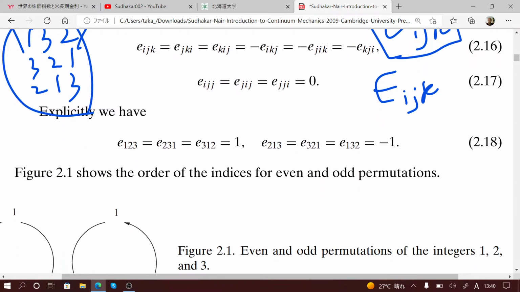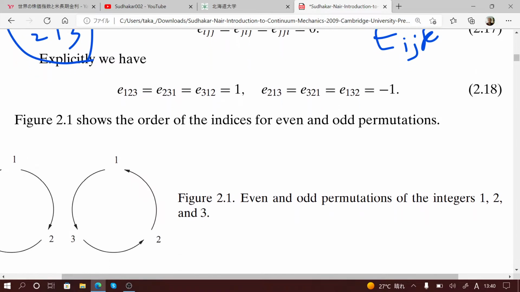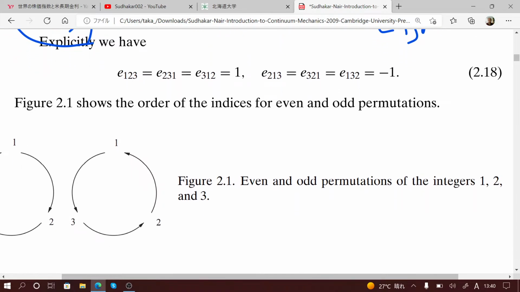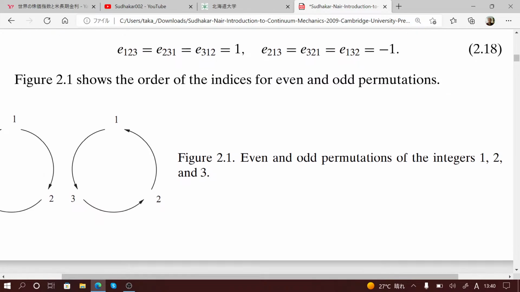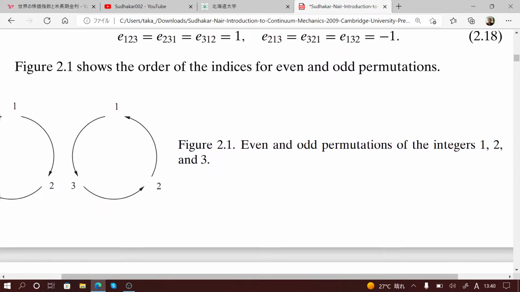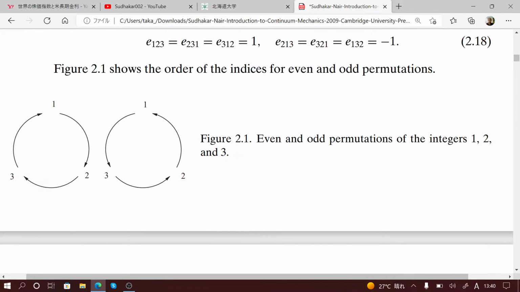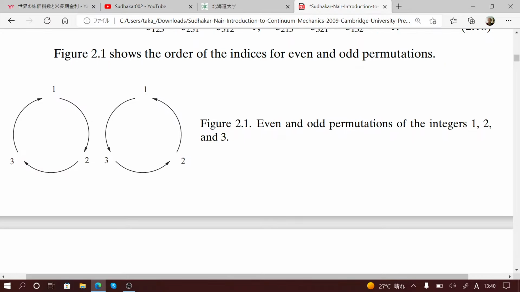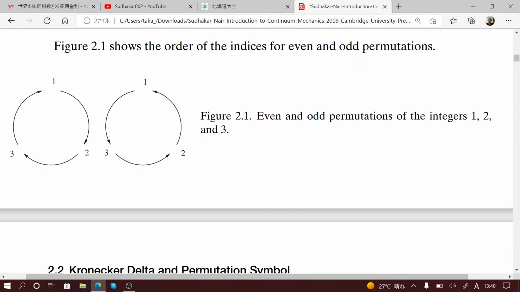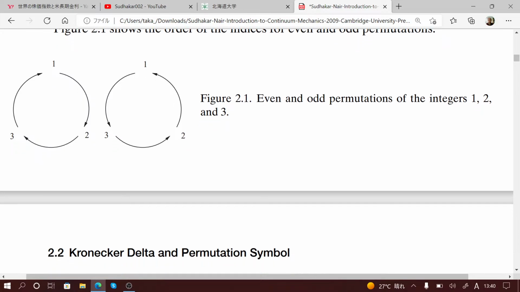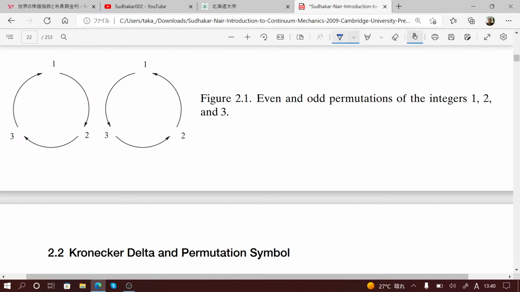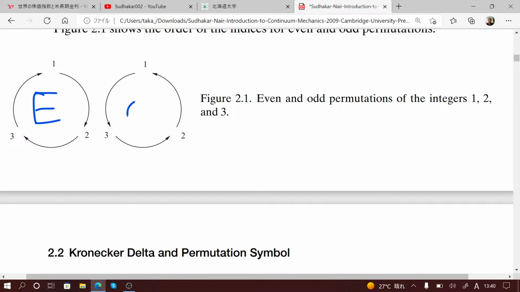Explicitly, epsilon 123 equals epsilon 231 equals epsilon 312 equals 1, and epsilon 213 equals epsilon 321 equals epsilon 132 equals minus 1. Figure 2.1 shows the order of the indices for even and odd permutations of the integers 1, 2, and 3. So this is even, this is even and this is odd.